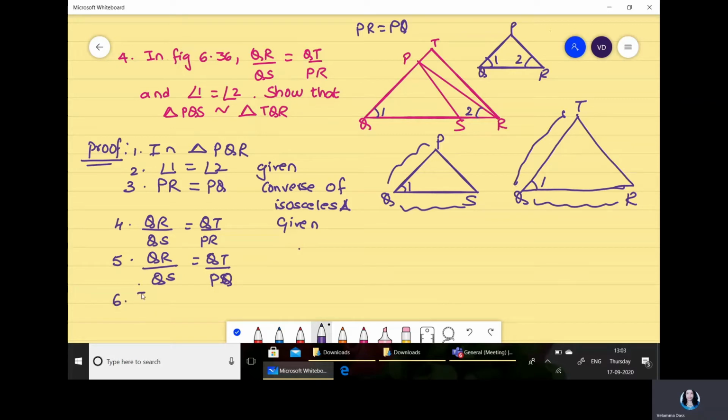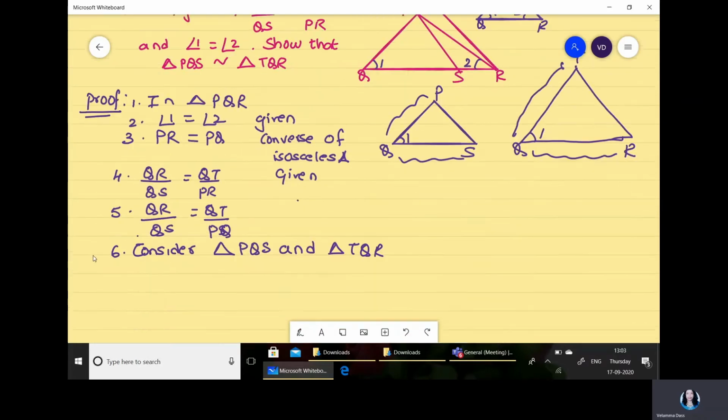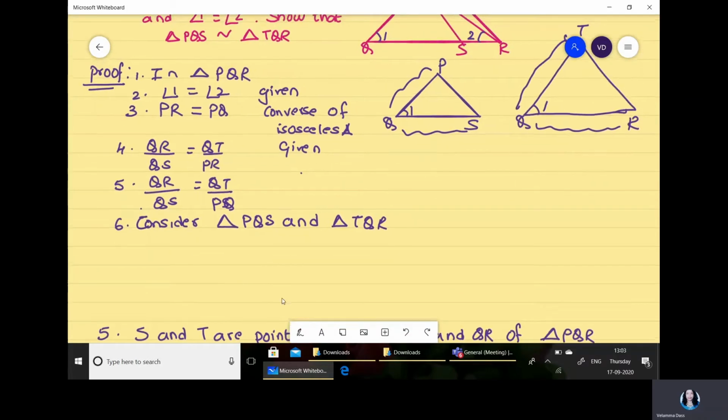Now we can consider two triangles: triangle PQS and triangle TQR. When we consider the two triangles, we have proved that two sides are proportional. Which are the two sides proportional? Therefore QR upon QS equals QT upon PQ.